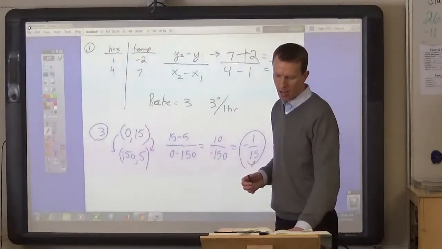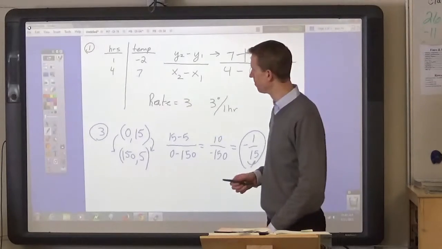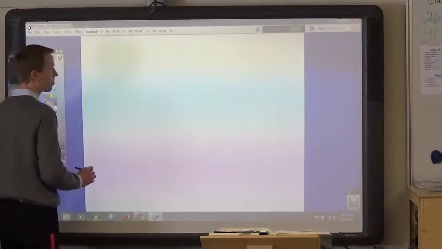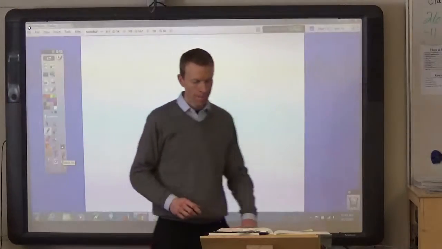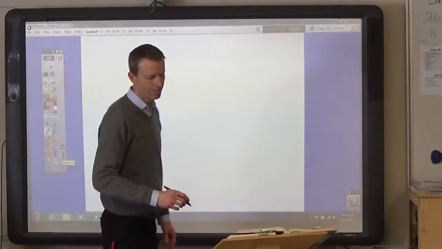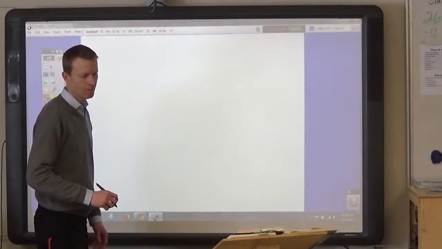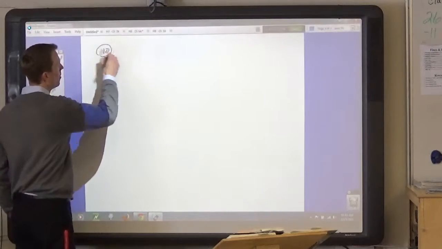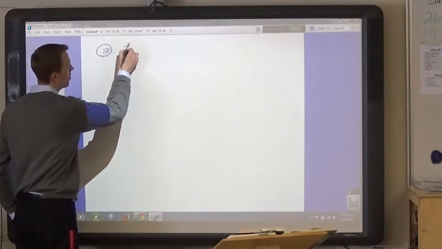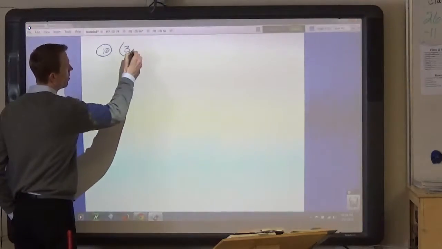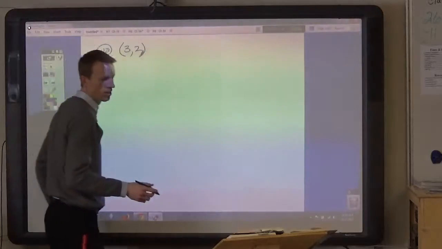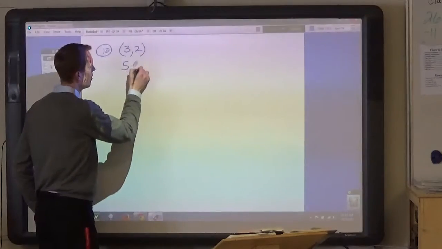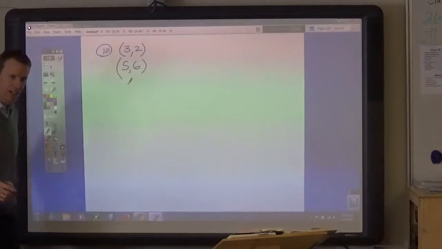What about number 10? Number 10, you're given 2 points. Can we just do the same thing, put one over the other and subtract? Like put 3 over 2 over 5 over 6 and then subtract 2 from 6 and 3 from 5.